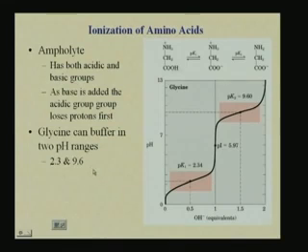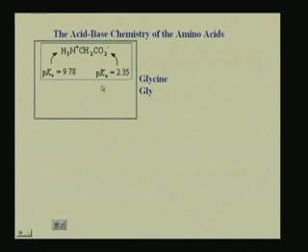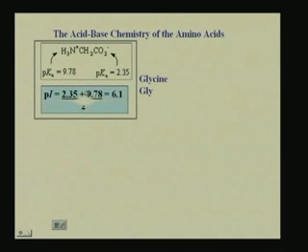Now what do we mean by an isoelectric point? An isoelectric point is the point at which you would have the zwitterionic form of this amino acid and the charge would be 0. Is the charge 0 at this point? It is. So what is my pI value? It is the sum of the pKa of the carboxylic group and the pKa of the amine group, divided by 2.